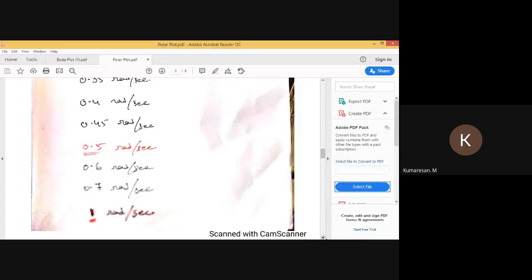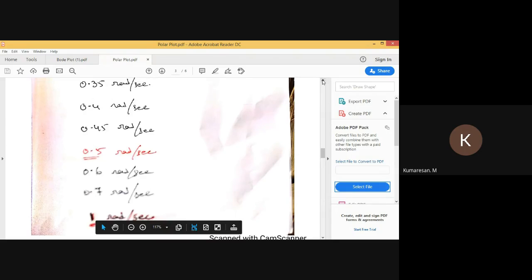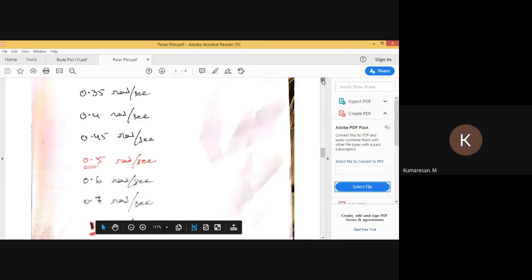If you are choosing a number of different frequencies, the chosen frequencies must include the frequencies we get from the transfer function. What are they? 0.5 radian per second and 1 radian per second. The remaining we have to choose based upon your requirement.